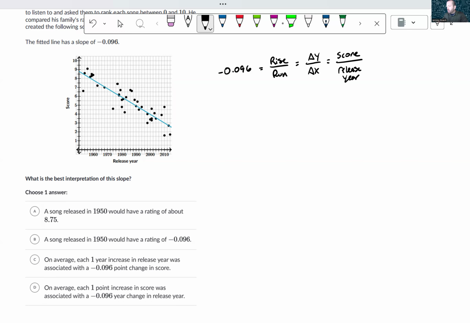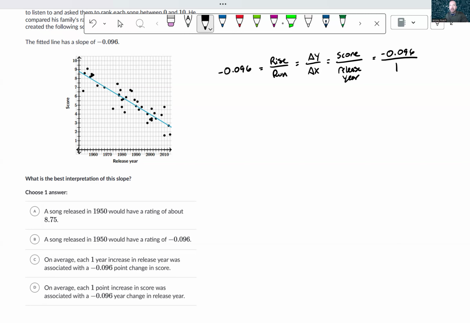Okay, so if we rewrite negative 0.096 as score over release year, we get negative 0.096 over 1. And so if we say that as a statement, we can say that the score is going down by 0.096 for every year that is increasing in the release year.